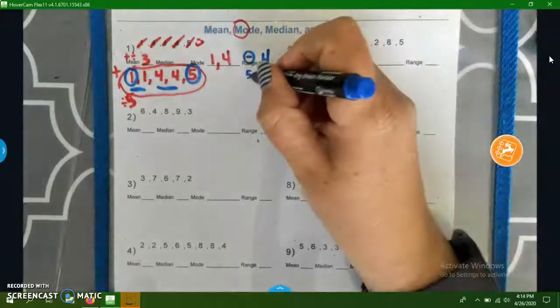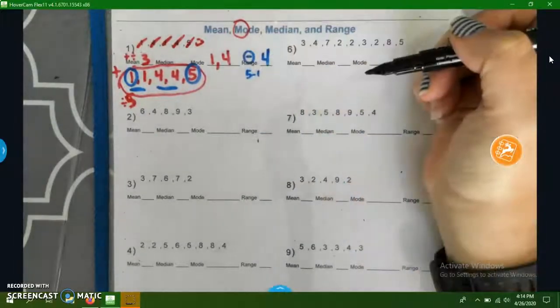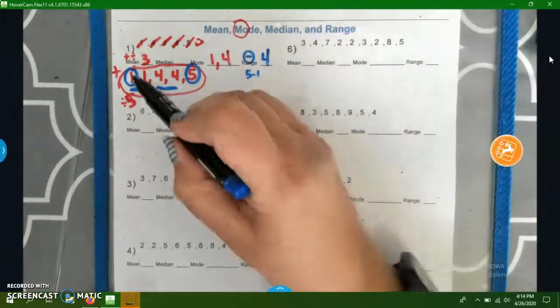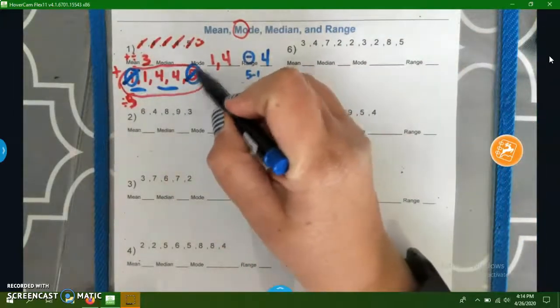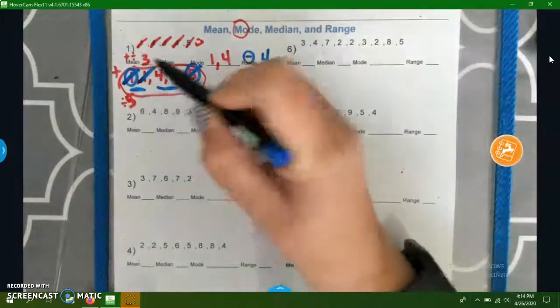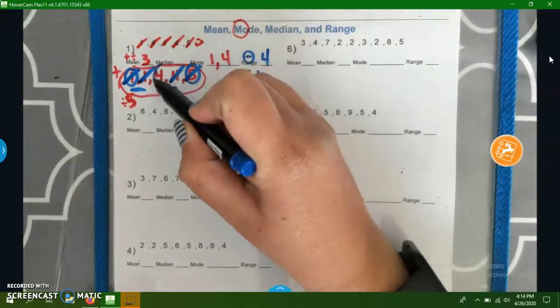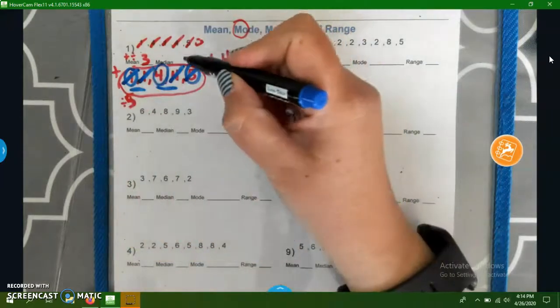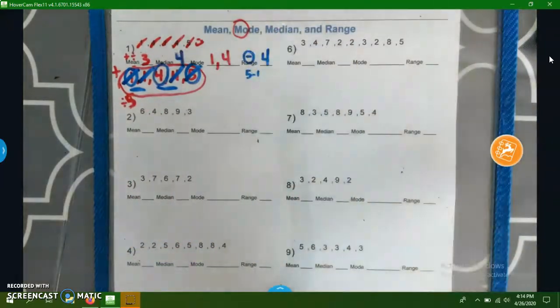And then last but not least, our median. The median's the middle. So I'm going to cross off pairs of numbers, and when I'm directly in the middle, with 2 slashed out here and 2 slashed out here, I am at 4. So that is how we find the mean, median, mode, and range for that set of data.